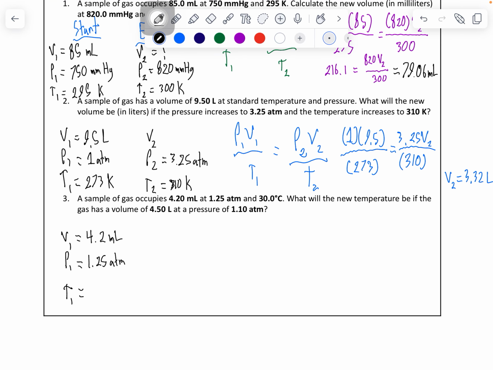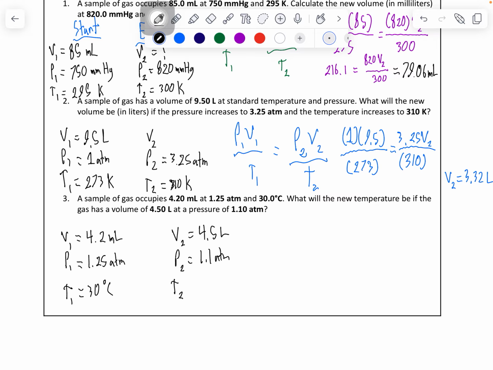The temperature is 30 degrees Celsius. All right, what will the new temperature be if the gas, and this was our starting values, let's get our ending values. The ending value for our volume is 4.5 liters, and the ending pressure is 1.1 atmospheres. We need that new temperature.